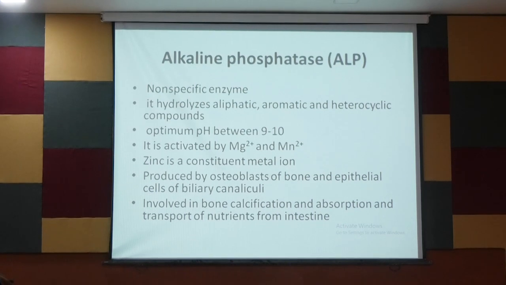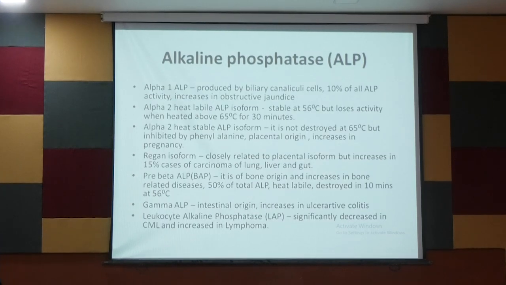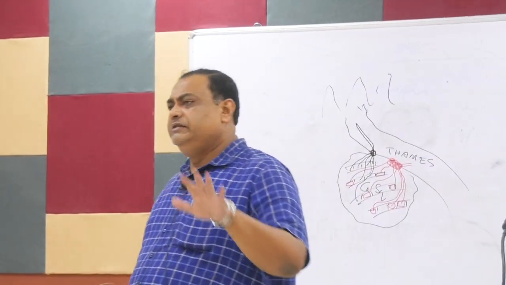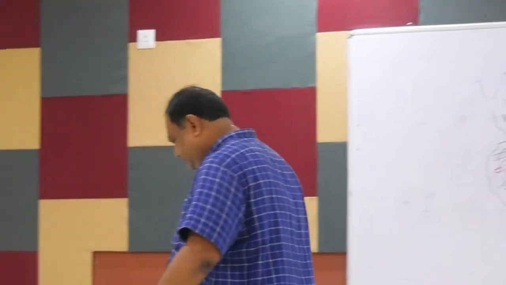Medical is full of terminologies. Now here, there are different isoforms of alkaline phosphatase. It's up to you how much you can remember. At least 3 forms you remember.